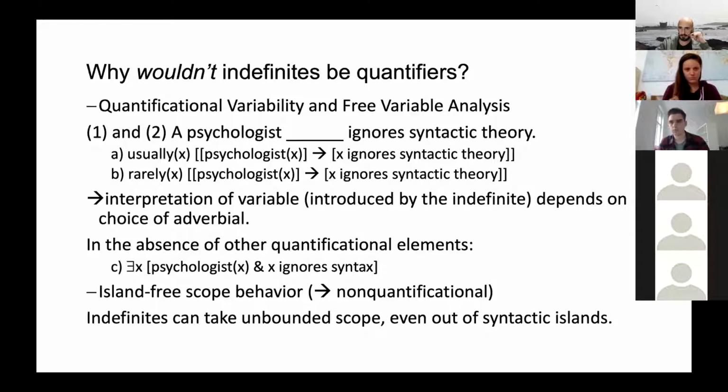If you look at the sentence, a psychologist blank ignores syntactic theory. In sentence A, you can put in usually, which would suggest that most psychologists ignore syntactic theory. And if you put in rarely, it means a few psychologists.